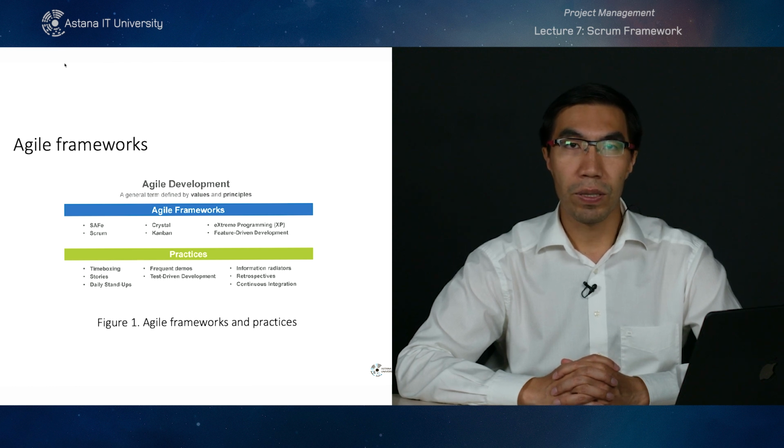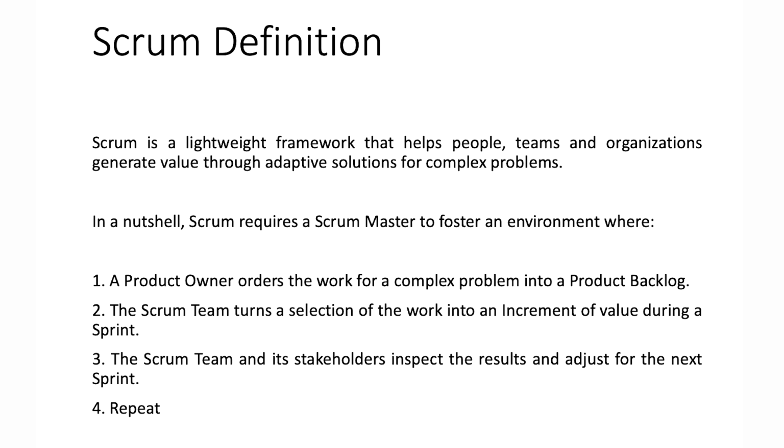Now let's continue with the Scrum framework. It's a light framework that helps people, teams, and organizations generate value through adaptive solutions for complex projects. Scrum requires a Scrum Master to foster an environment where a product owner orders the work for a complex problem into a product backlog.